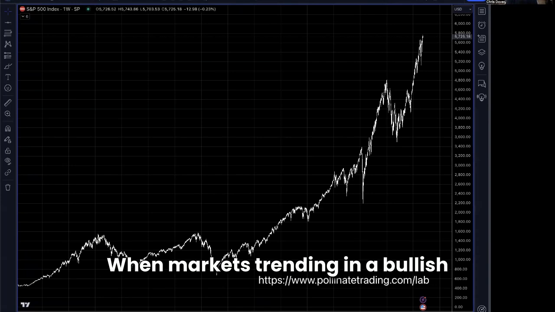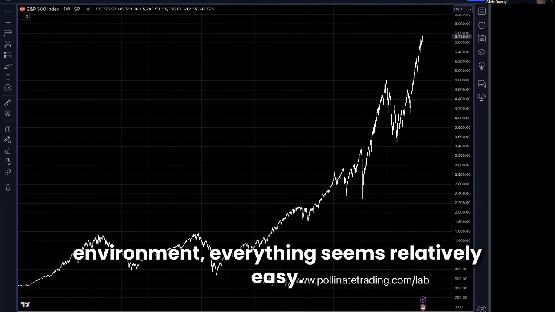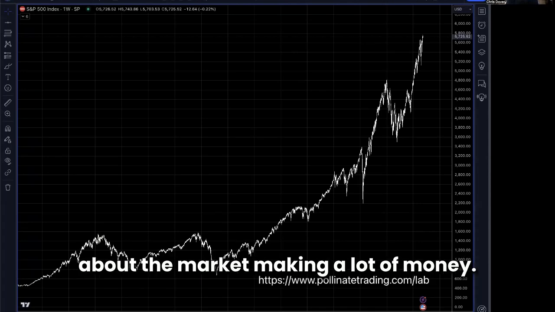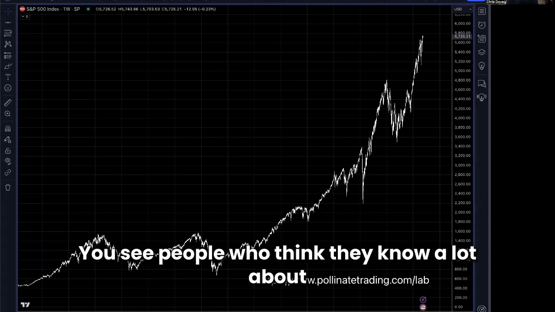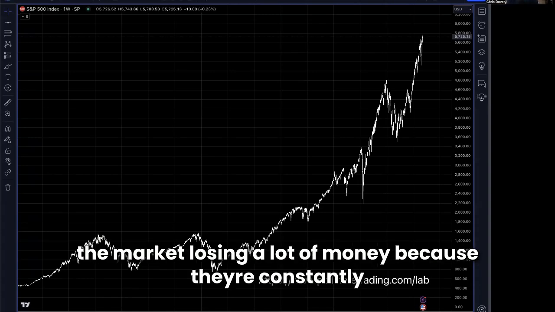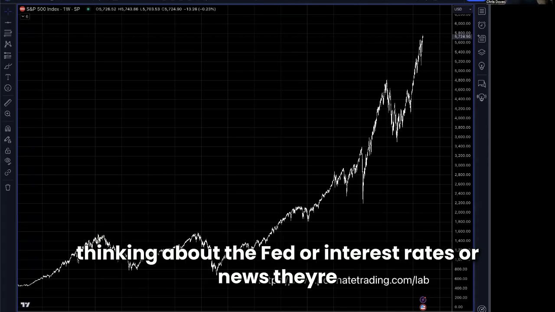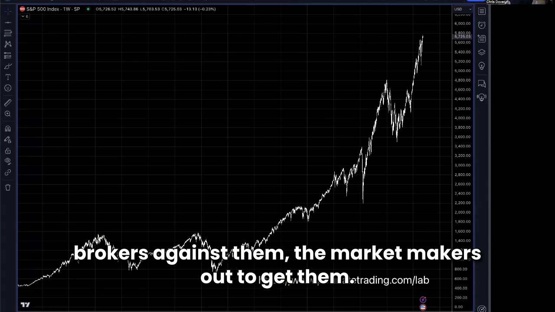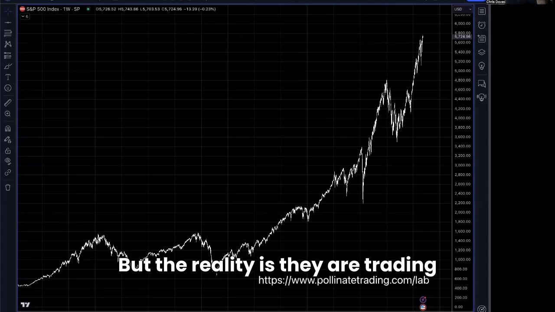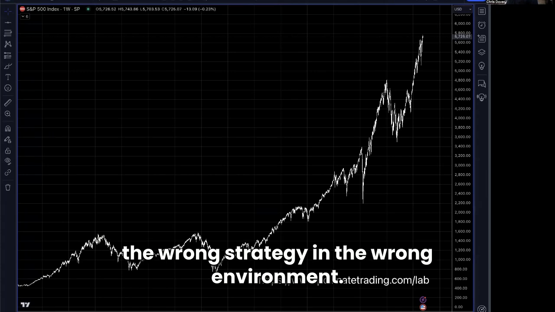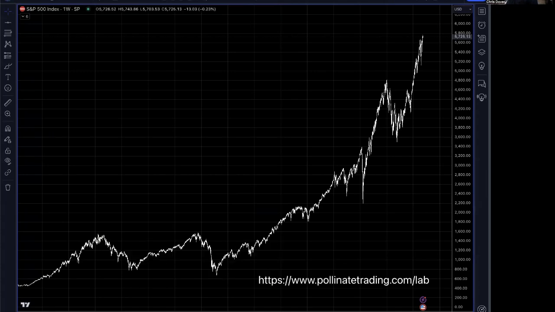When the market's trending in a bullish environment, everything seems relatively easy. You see people who don't know very much about the market making a lot of money, right? You see people who think they know a lot about the market losing a lot of money because they're constantly thinking about the Fed or interest rates or news. Their brokers against them, the market makers out to get them. But the reality is they are trading the wrong strategy in the wrong environment.